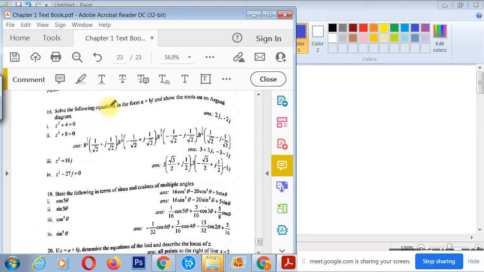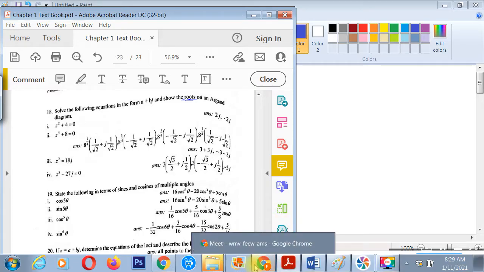Solve the following equation in the form of a plus b j and show the roots. Okay, the key here is the roots. De Moivre's theorem, the key is roots on the Argand diagram. So now we just need a few more steps to solve our first question.